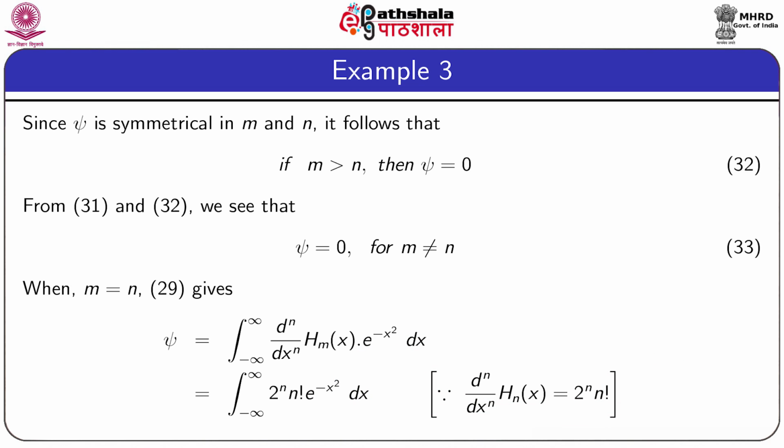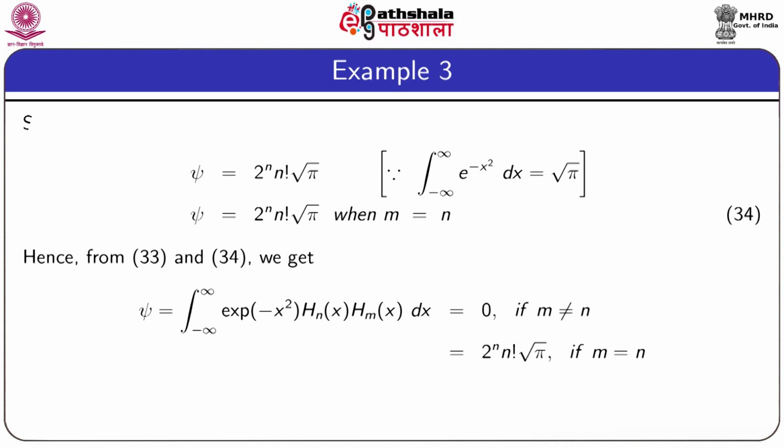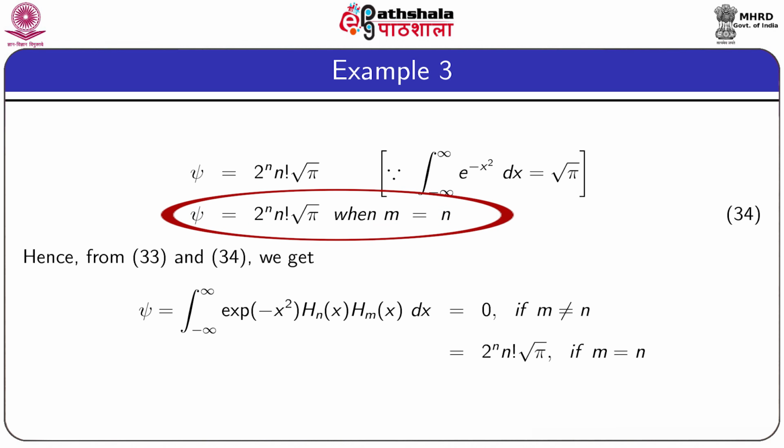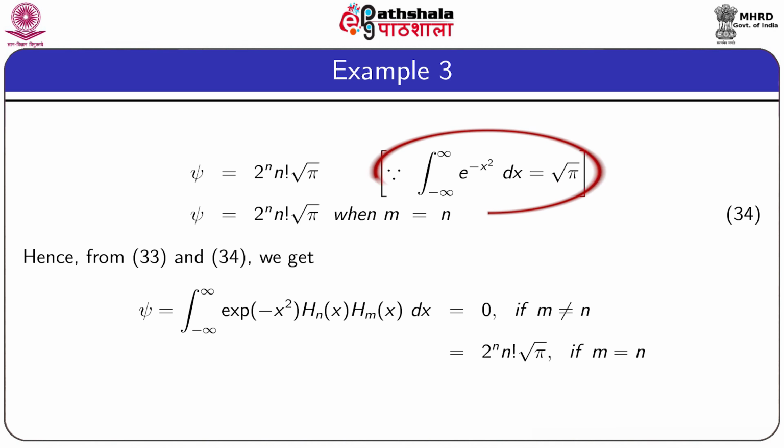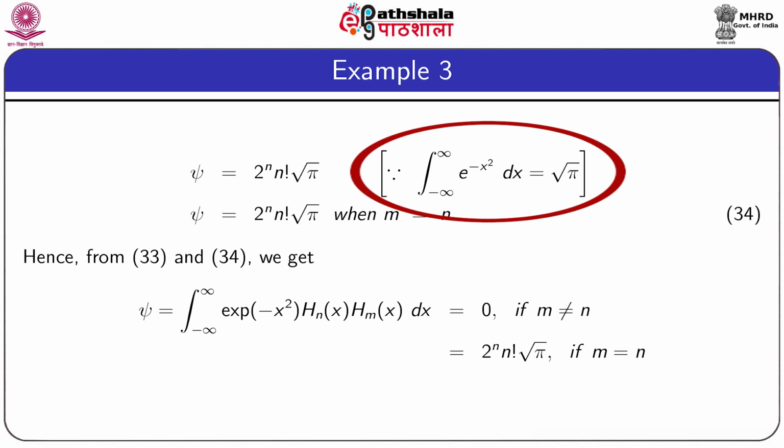Using this formula, the above integral is equal to the integral from minus infinity to plus infinity of 2 to the power n into n factorial e to the power minus x square dx. Further simplification gives psi is equal to 2 to the power n into n factorial into root pi, where m equals n, where we use the value of the integral of e to the power minus x square dx from minus infinity to plus infinity, which is equal to root pi.